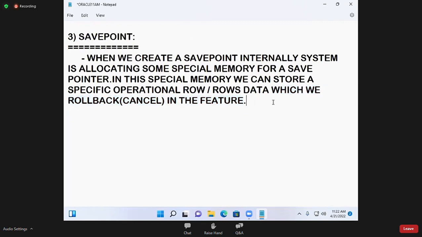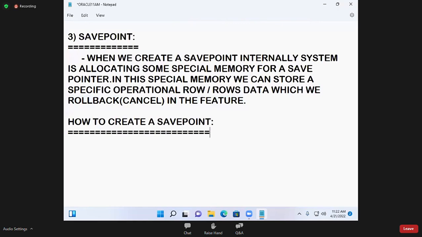Okay, now, how to create a savepoint? You can see the syntax to create your savepoint here. It is SAVEPOINT, and here I give my pointer name.